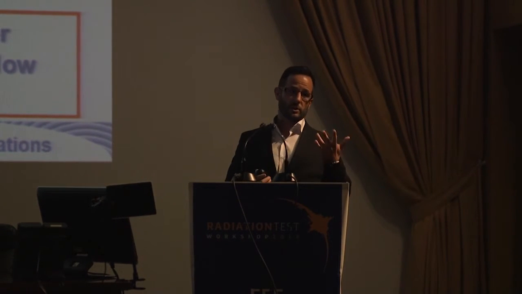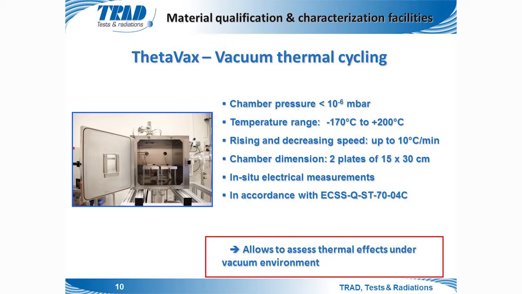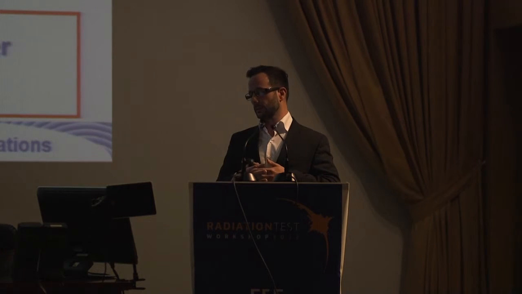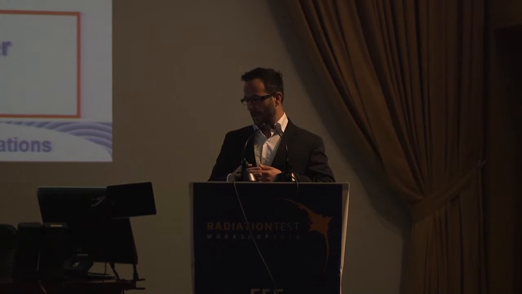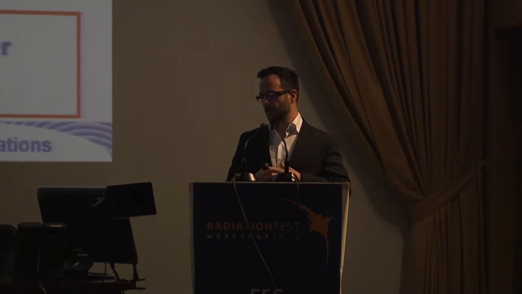The next equipment is an evolution of Cryovacs. It is called Tetavacs. It has the same characteristics as the first one. The chamber pressure is better because it is 10 to the minus 6 millibar, and the temperature range is minus 170 to 200 degrees Celsius. The rising and decreasing speed is the same as before.